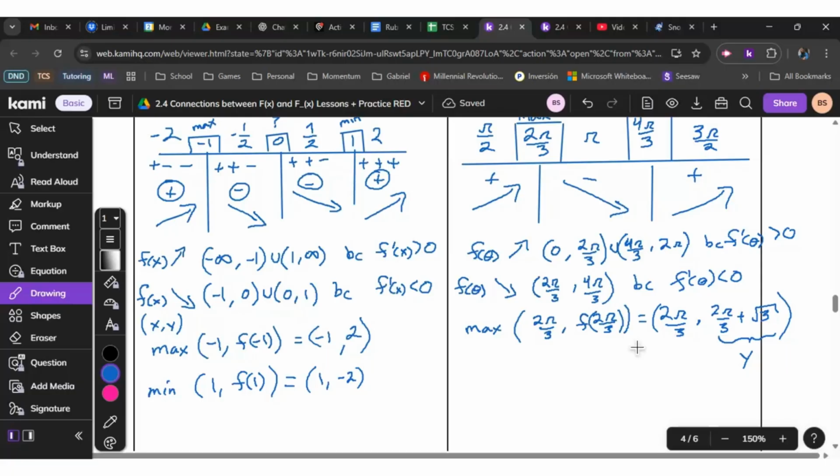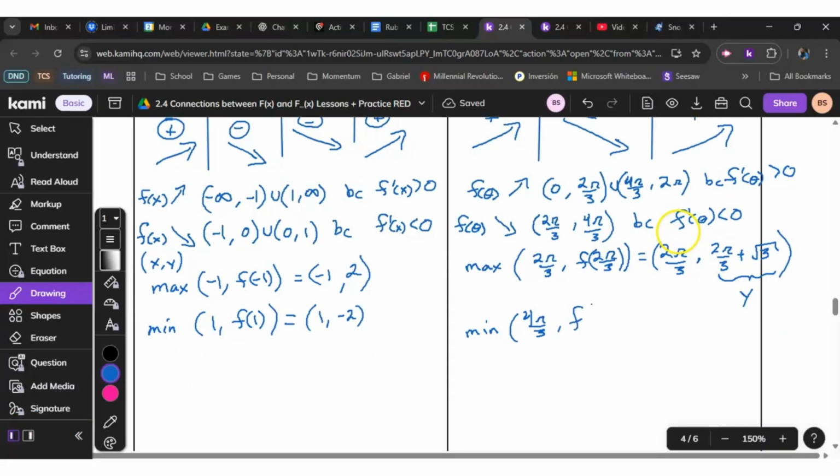Now let's do the minimum. This is going to be f of 4 pi over 3. The original function is theta plus 2 sine theta. So the first part is obviously still just 4 pi over 3, because that's what theta is.